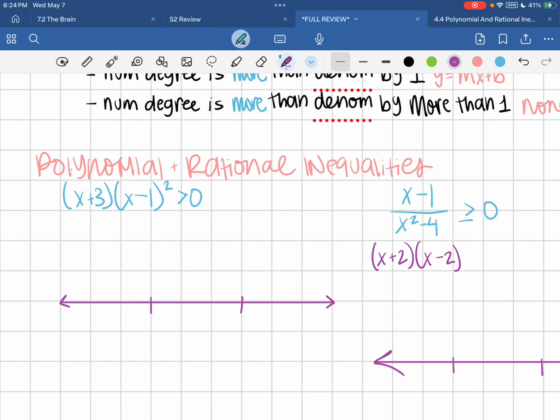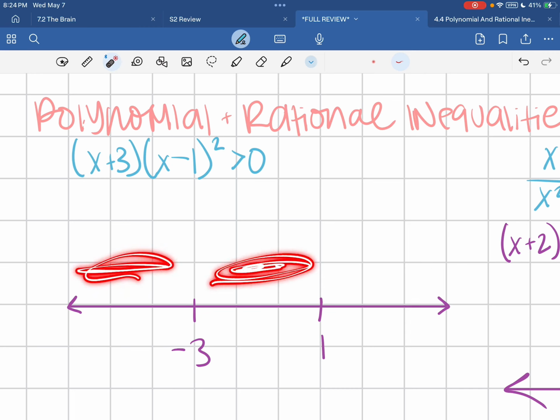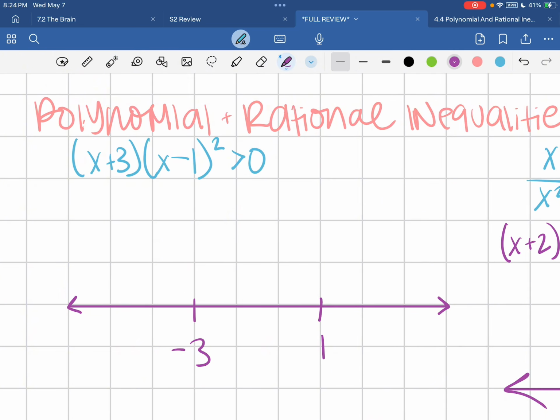Okay, the last section is polynomial and rational inequalities. So we're going to start with this one. You know the zeros are at negative 3 and at 1. And then what you would do is you would test a number that's less than negative 3, a number in between negative 3 and 1, and then a number that's greater than 1. In this case, it turns out to be negative, positive, positive.